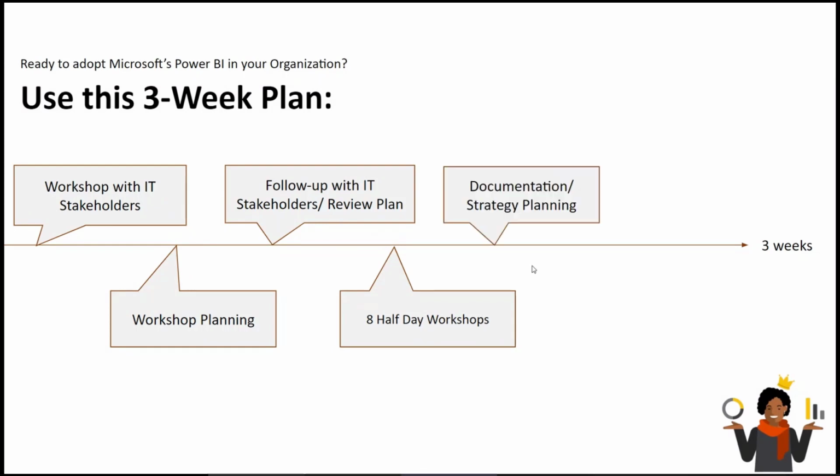So once you have the workshops done, the next thing you're going to do is go back within your own little group, not including the users, and document and plan a strategy. This could just be you, and could be a BI development team if you have that already.